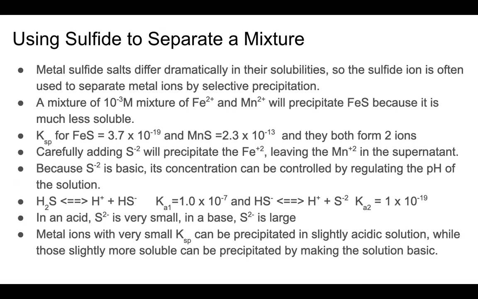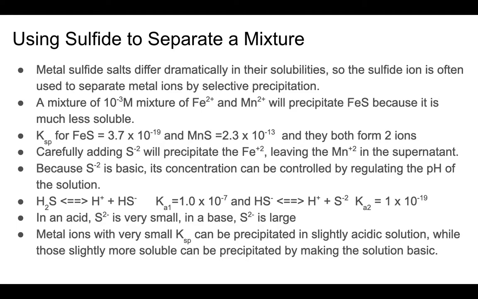Now, S minus 2 is basic, which means we can control how much S minus 2 we have in solution by regulating pH. Remember, H2S makes H plus plus HS minus. Ka1 is 1 times 10 minus 7. And HS minus makes H plus plus S minus 2. And the second step, Ka2, 1 times 10 minus 19.